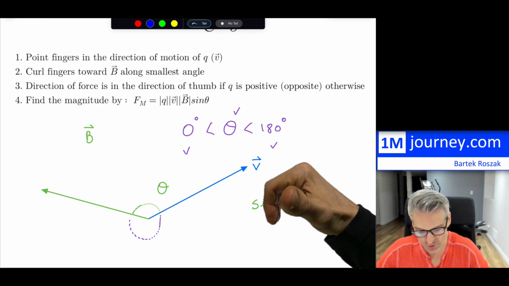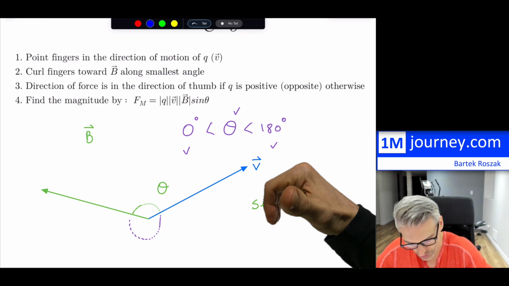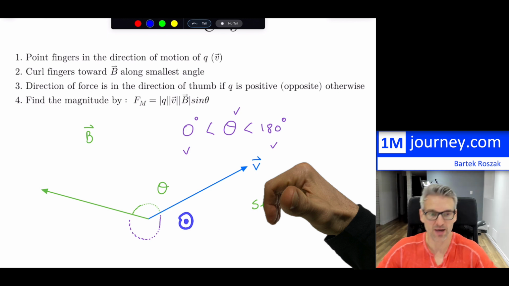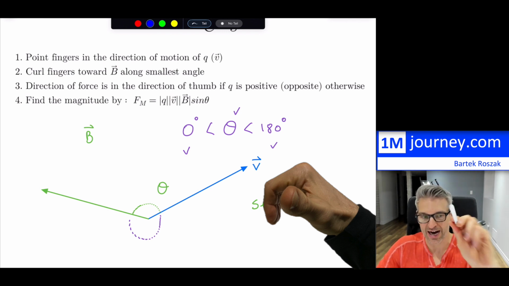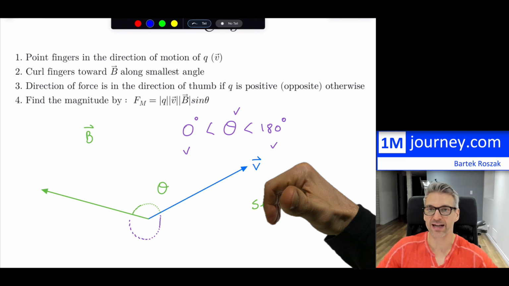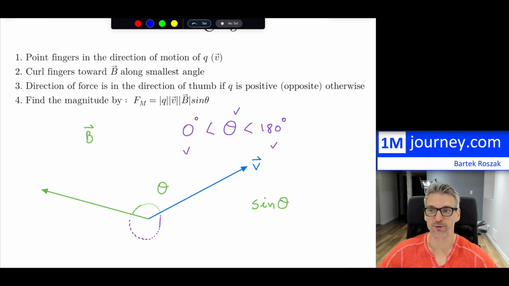In this plane, as you curl your fingers through, it would be out of the plane, which we designate in this way. So it's coming out of the plane, and in your video that's exactly what you see on the screen in the image of my hand being curled all around.